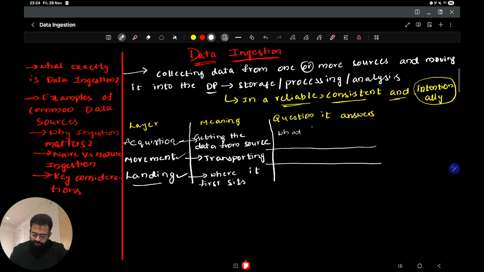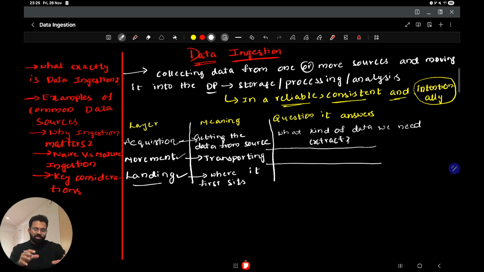In this first layer, we need to know what data we need and how we extract it. Because in the source system there can be thousands of tables or a lot of different data points, but if we are building some kind of analytics platform, we might not need all the data which is available in the source system.